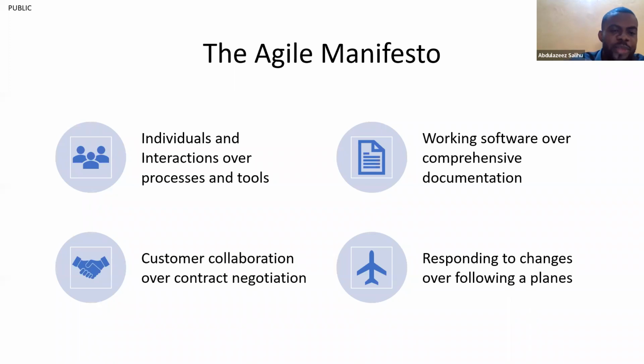When we're trying to implement Agile in a new environment, part of what we need to have in mind is that we need to invite the Agile Manifesto. Individuals and interactions over processes and tools.